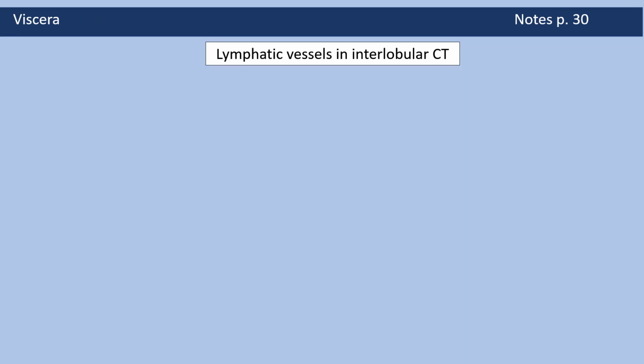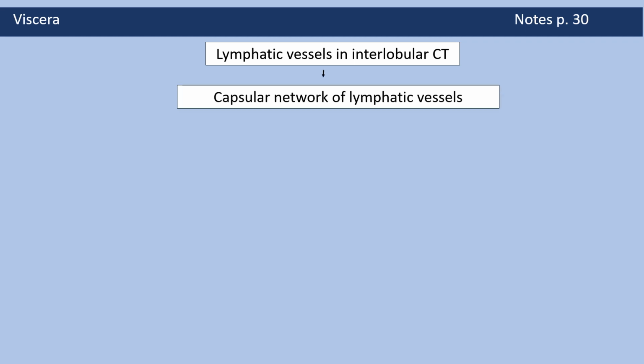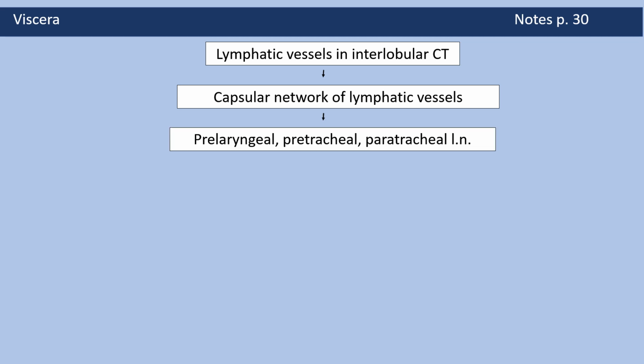For the thyroid gland, lymph vessels are located in the interlobar connective tissue. And then they travel through a capsular network of lymph vessels to get to either prelaryngeal, pretracheal, or paratracheal lymph nodes. From there, some of them, the more superior of them, go to the superior deep cervical lymph nodes.